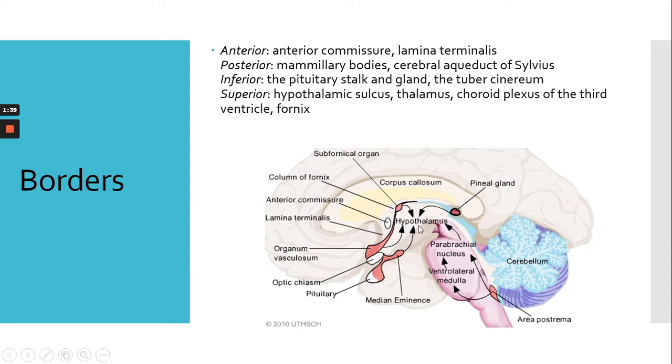And inferiorly, you find the pituitary gland and the pituitary stalk, as I already mentioned, and the tuberous cinerarium, which is not so clear in this diagram, but I will show you in the next few slides. And superiorly are the thalamus and the choroid plexus of the third ventricle, as I mentioned earlier. So these are the anatomical borders of the hypothalamus.